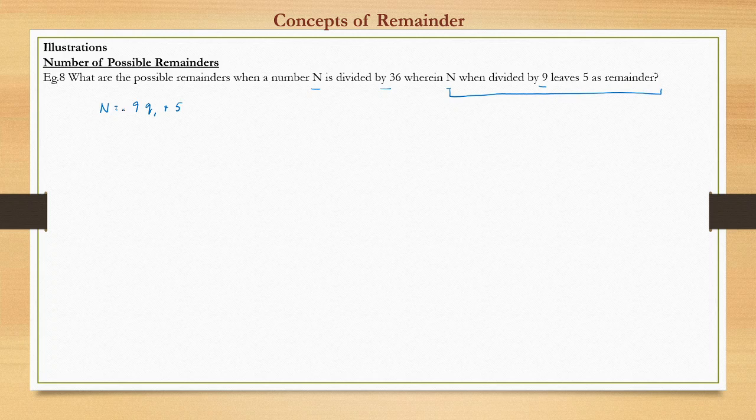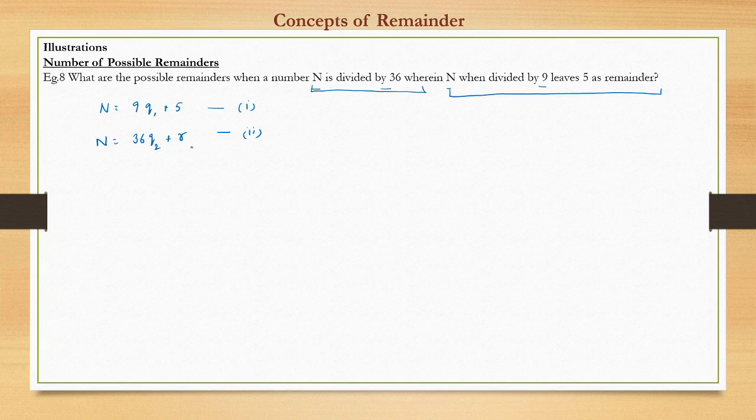So n can be written as 9 times q1 plus 5. And when n is divided by 36, let the remainder be r. So n is equal to 36 q2 plus r, right? So this is equation 1, this is equation 2.